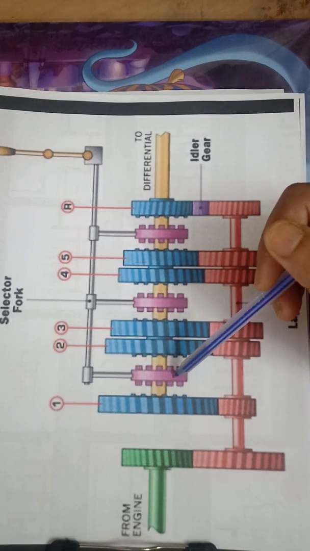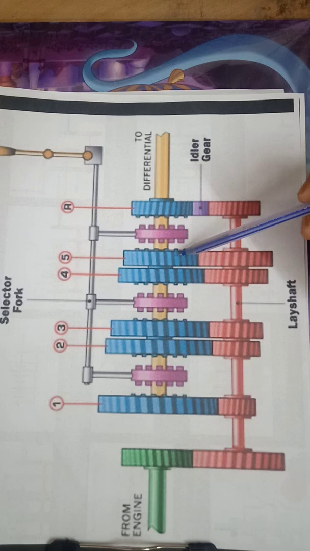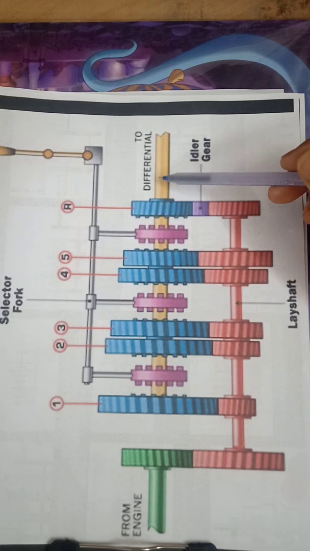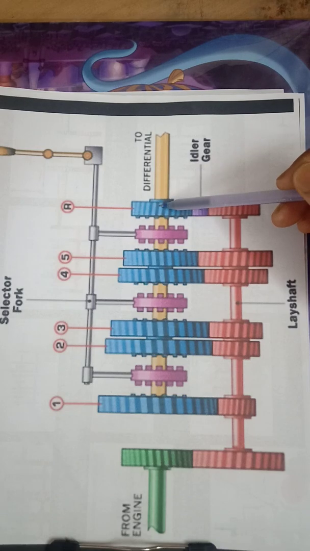These gears are constantly in mesh with these gears on the lay shaft, and these gears are free to rotate on this output shaft. That is, there is no direct connection between this gear and this shaft. These two move independently of each other.